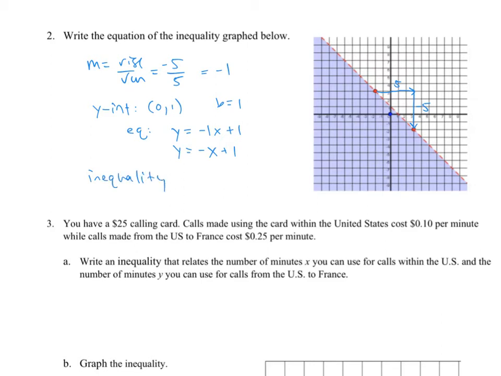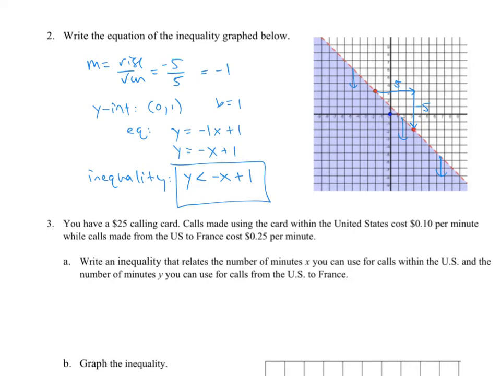So instead of an equal sign, I'm going to keep the y on the left side, and it's shaded down below. So I'm going to use a less than symbol. And since the line is dotted, a dashed line, I'm not going to put the or equals line. It's just going to be a less than symbol. So y is less than -x plus 1 is our final inequality.